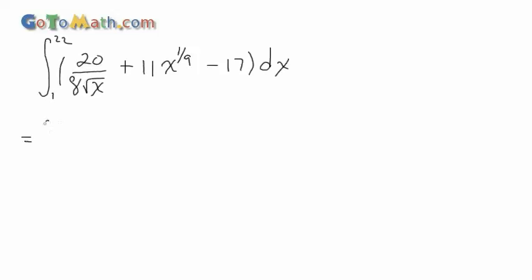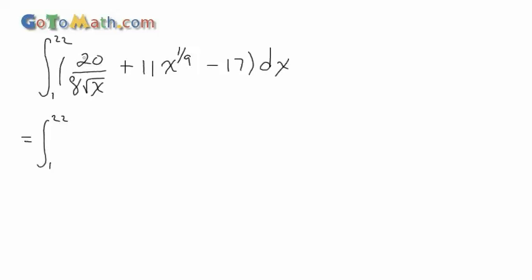First thing we're going to do here is rewrite this. So we got the integral from 1 to 22, and this becomes x to the half, right? Actually, here's something crazy. We can reduce this down a little bit. We got 20 over 8. There's something tricky going on here.